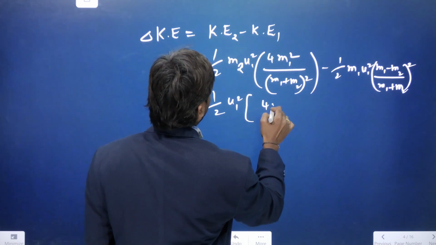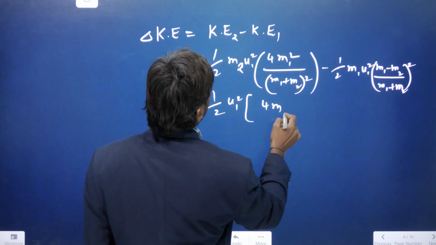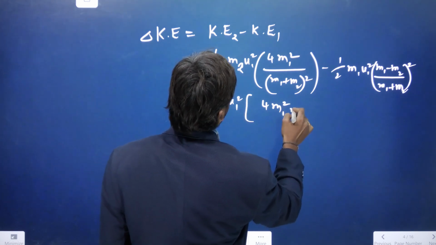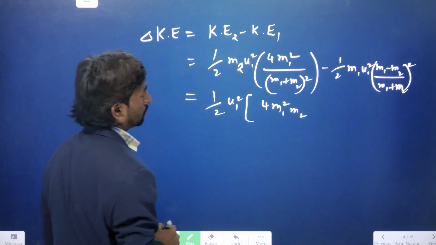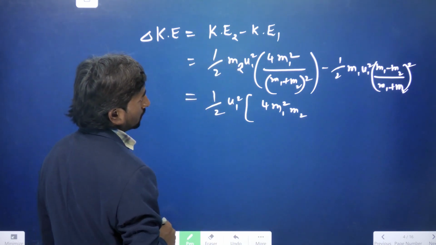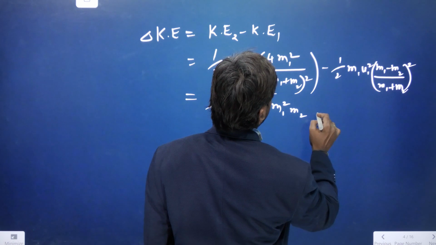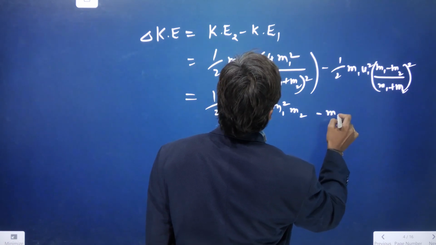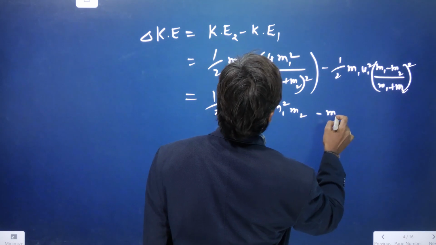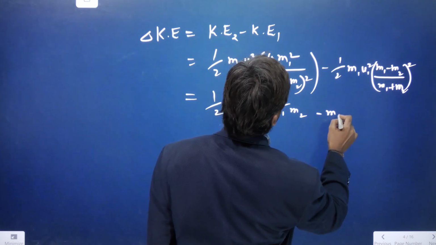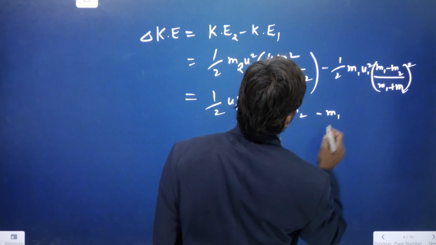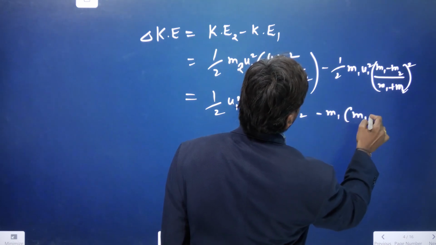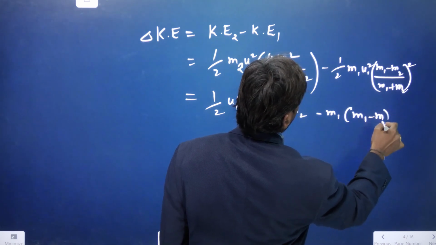So here we can get 4 m1 square m2, and here minus m1 into m1 minus m2 whole square.